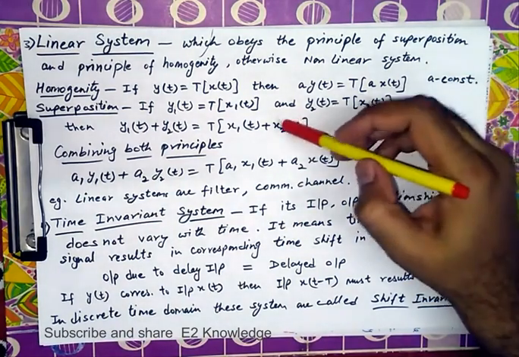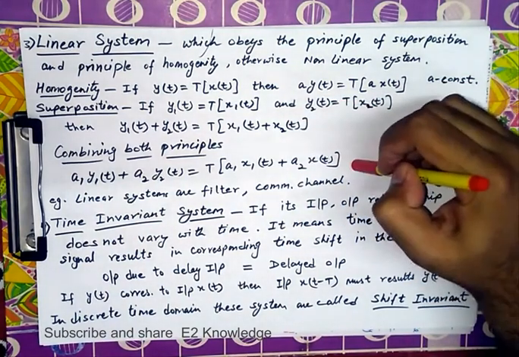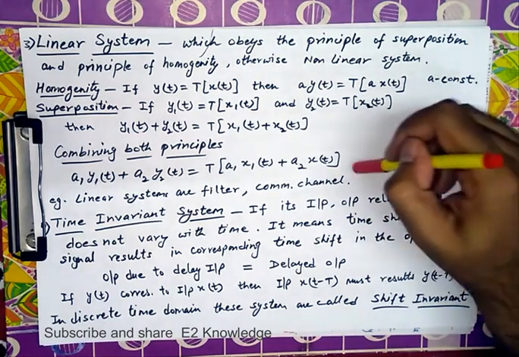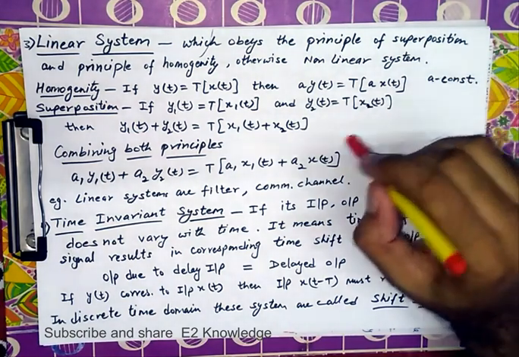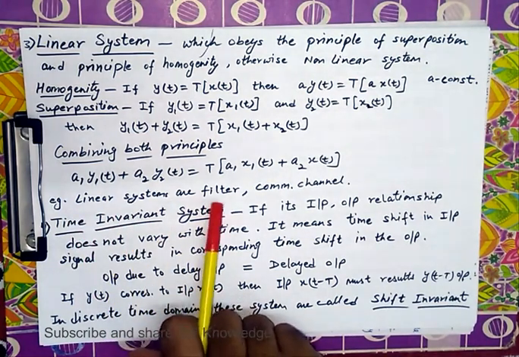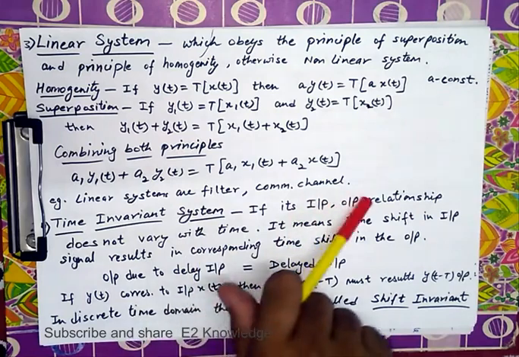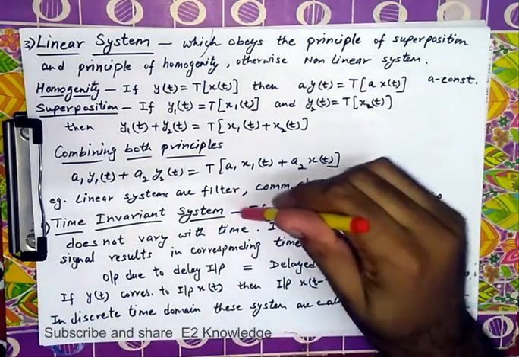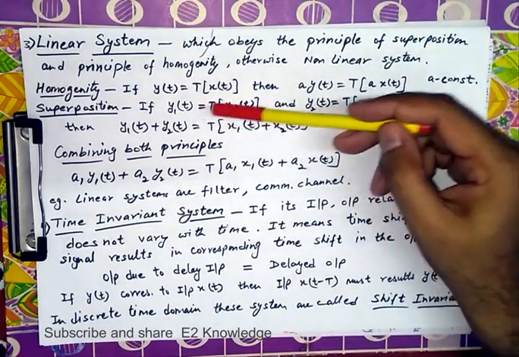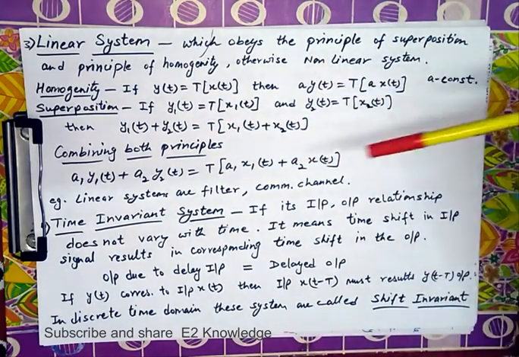We will discuss it in detail with some examples in the next lecture, because it is a very important type of system. Examples of linear systems are a filter and a communication channel. All other systems which do not obey this property are non-linear systems.